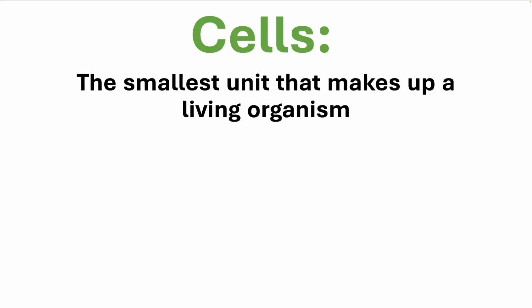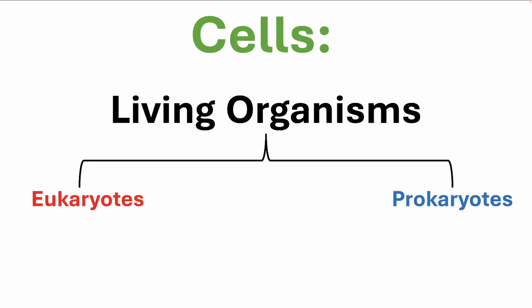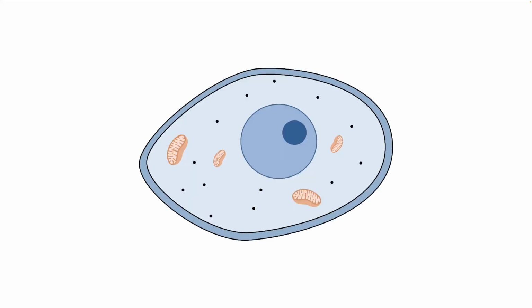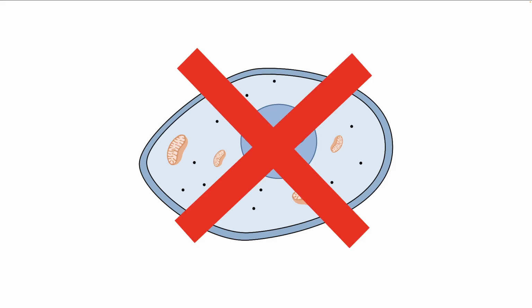The next level of organization after organelles are cells. Cells are the smallest units that make up a living organism. We previously looked at prokaryotes and eukaryotes, and how eukaryotic cells are complex and prokaryotic cells are smaller and simpler. You've got to know that the majority of cells will have features which give them different functions within an organism. For example, in humans like us, not all of our cells are the exact same.